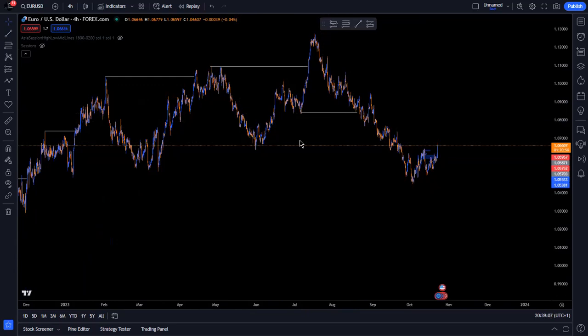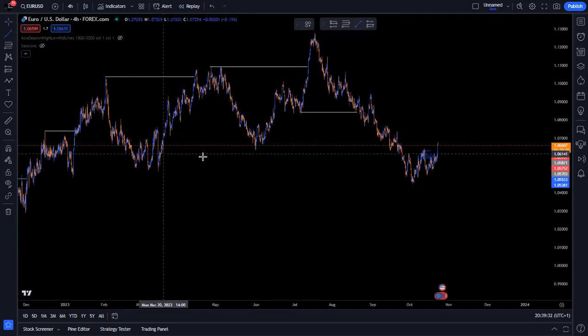Yes, we have a market structure shift at this point. The market structure shift is when it breaks the lower, because this particular part you're marking is the same swing from this lower higher low to the higher high up there.